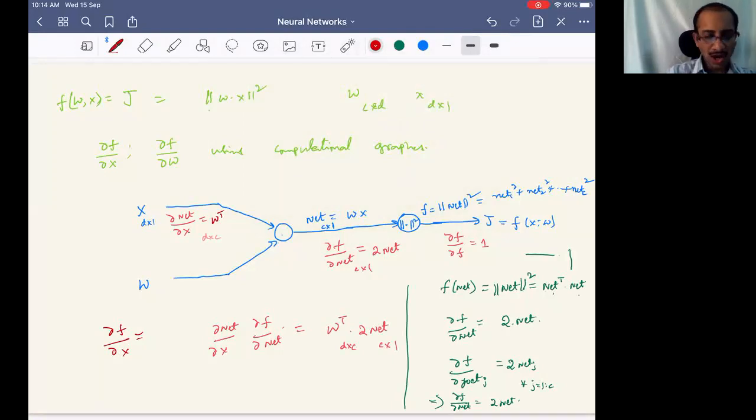Okay, so like this. So now you can write ∂f/∂w as well. So to write this, we should write here what? ∂net/∂w. See, we know that this becomes a tensor because W is a matrix and then net is. So there are two ways of writing.